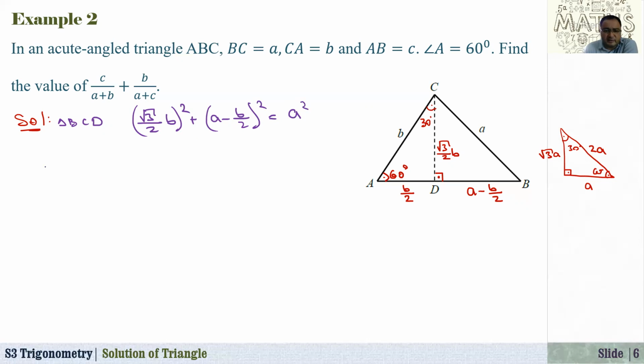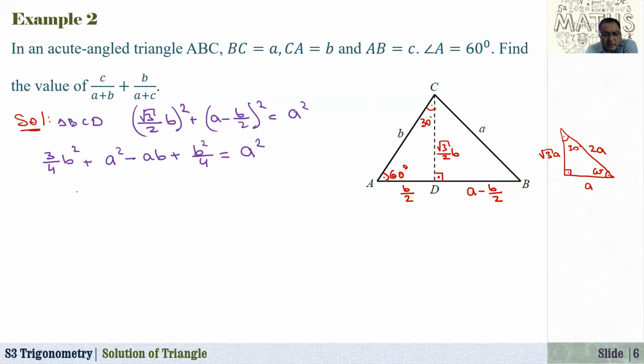If you expand the left-hand side, here we have 3 over 4 B squared and A minus B over 2 squared, that is A squared minus 2 times A times B over 2, that's equal to just AB, plus B squared over 4. On the right-hand side, we have A squared. So this A squared is gone. 3 over 4 B squared plus 1 over 4 B squared is equal to just B squared.